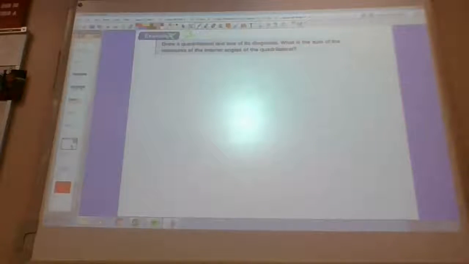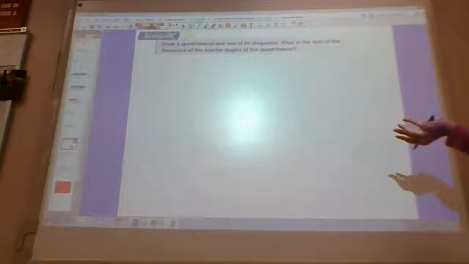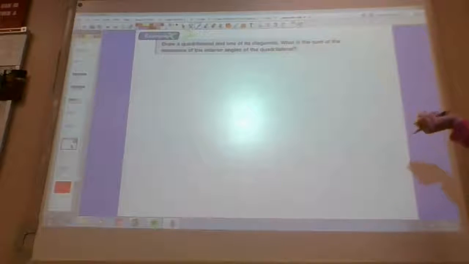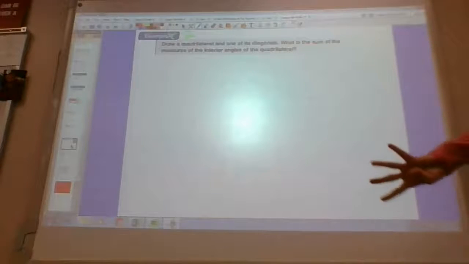Now, I would like you to draw a quadrilateral and one of its diagonals and find out the sum of the interior angles. Hopefully you guys know that a quadrilateral is how many sides? 4.